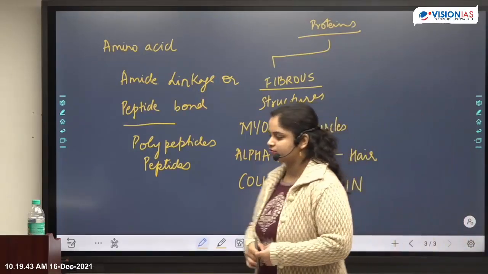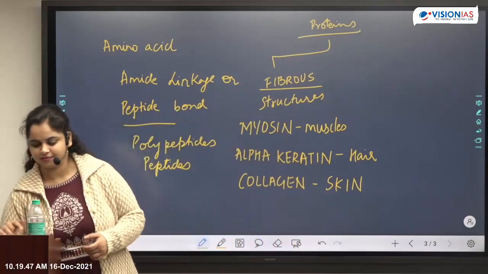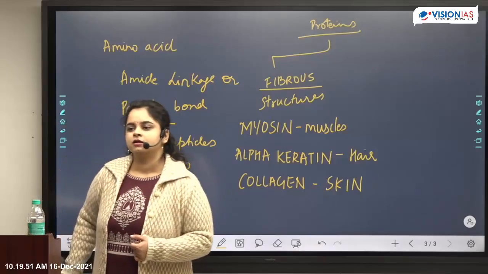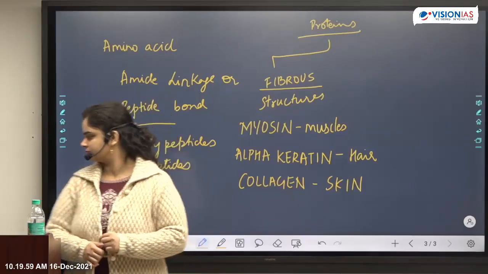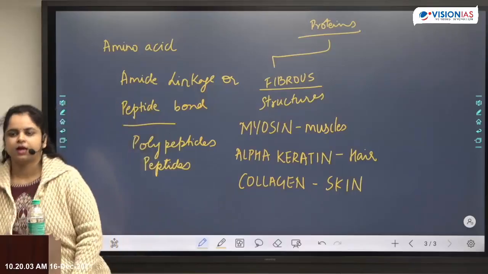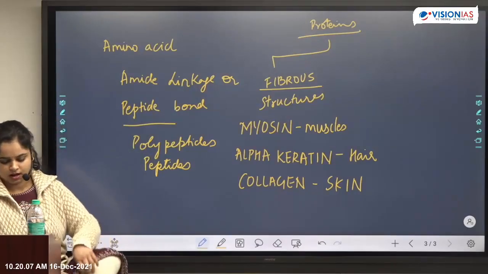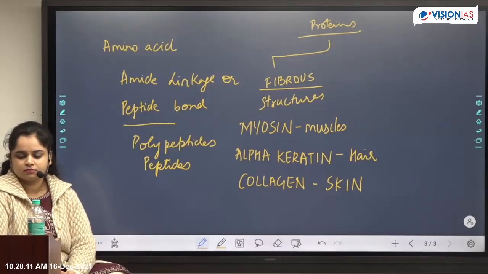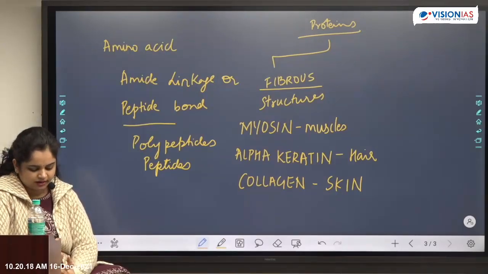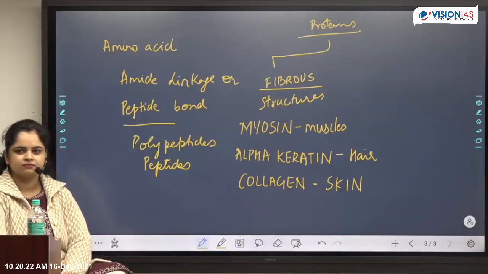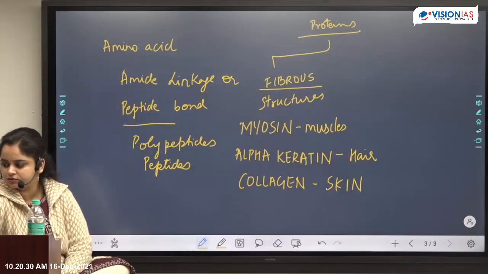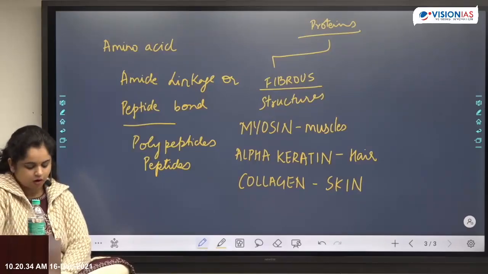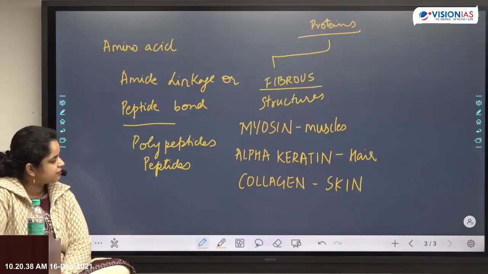Just write this down. Fibrous proteins. The amino acid chains are found in a linear pattern, and they form the structures of different parts of the body.